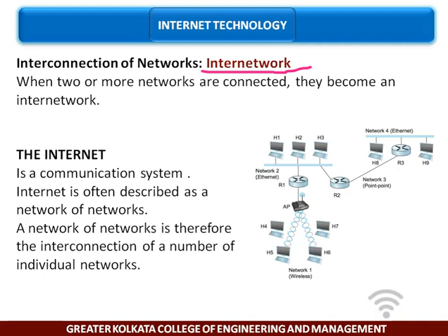As an example, assume that an organization has two offices, one on the east coast and the other on the west coast. The established office on the west coast has a bus topology LAN. The newly opened office on the east coast has a star topology LAN.